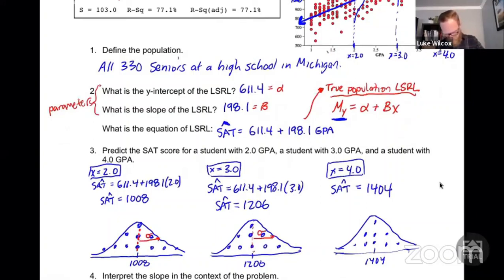This would represent the standard deviation, and this would represent the standard deviation. And it turns out that one of the conditions that we're going to need to check is that each one of these normal distributions has about the same variability, or equal standard deviations. In other words, that sigma value stays the same for each one of these normal distributions.